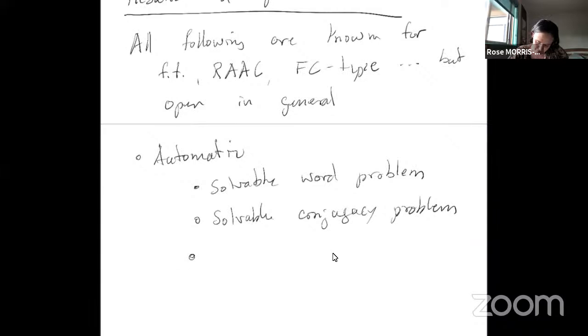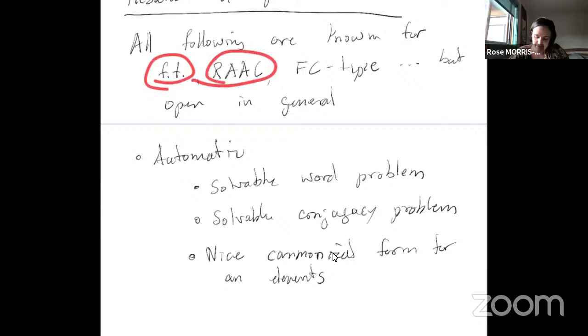And in fact, part of this, things that are known for all of these nice types up here but open in general, it would be really great if there was a nice canonical form for an element. And you can see that in the finite type ones, in the RAAGs and the FC types.